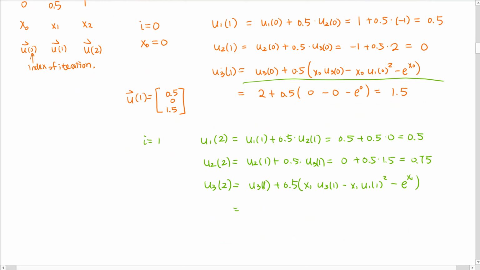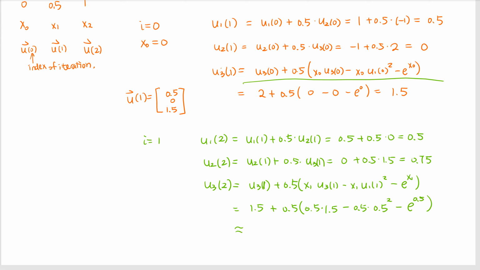So u3 of 1 is 1.5, x1 is 0.5, u3 of 1 is 1.5, x1 is 0.5, u1 of 1 is 0.5 squared, and e to the 0.5. Okay, so this one we need a calculator.